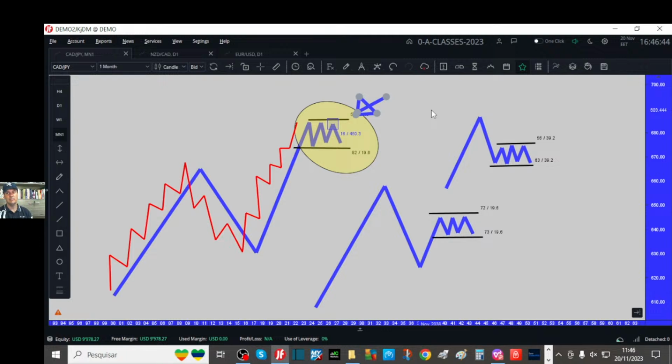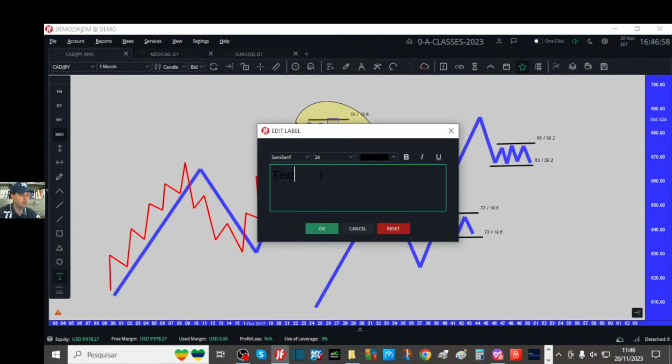Shola, talk to me. I know I have a 20 seconds delay on the chat. Talk to me, what would you do in terms of direction? How would you trade this consolidation? Buy or sell?